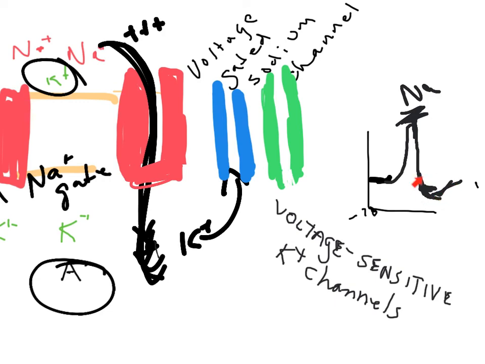So you have an absolute refractory period where the sodium gates are inactivated until they become active again, and then you have the relative refractory period where the voltage-sensitive potassium channels start to close and eventually become closed.